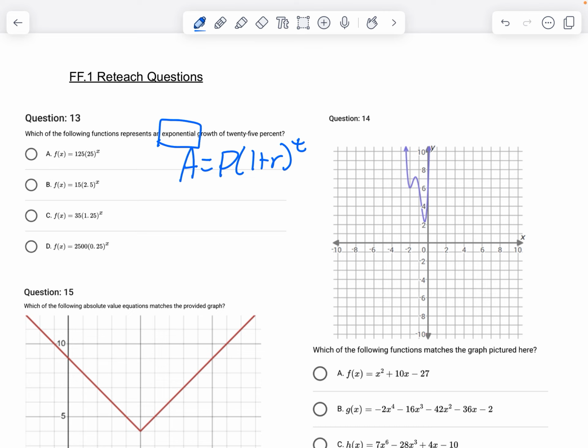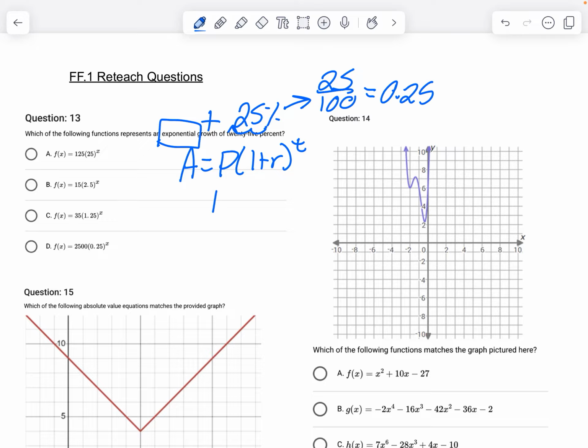Well, they give us which of the following represents a function growth, so we're adding, of that 25%. Well, 25%, that is the rate, but I never put a percentage into an equation. I always put a decimal. Yes, good job. So to make a percentage a decimal, we just take the number and divide it by 100, or the idea is just moving the decimal place to the left, which should give us 0.25.